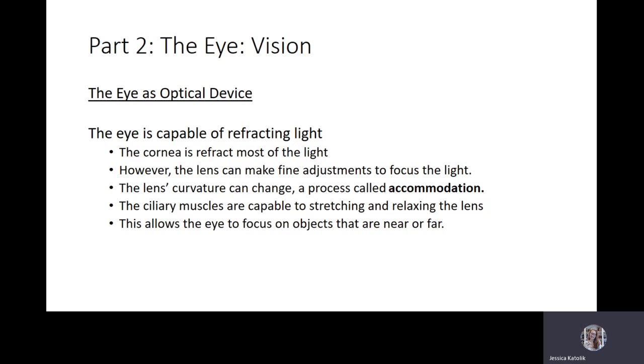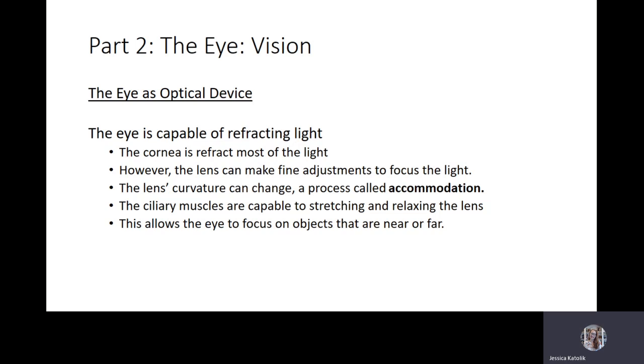It will bend the light most of the way, but the lens can make fine adjustments to that focus. And so it can bend the light a lot or a little depending on what we need to allow the light to hit the retina properly. This adjustment is accomplished by changing the curvature of the lens. So the lens can be stretched and therefore flattened, or it can be relaxed and therefore bulged. And changing this curvature is known as accommodation.